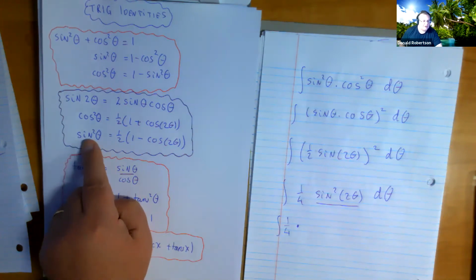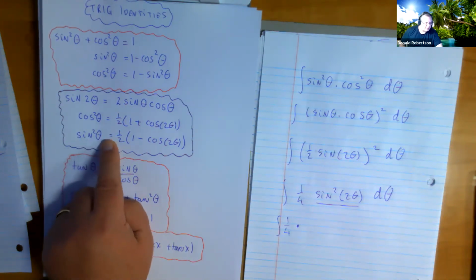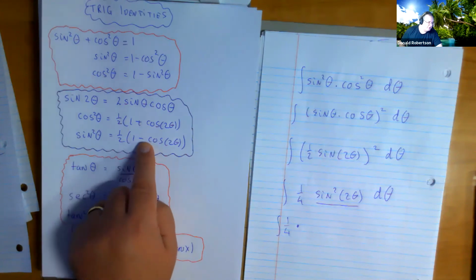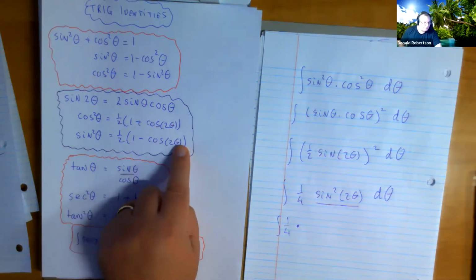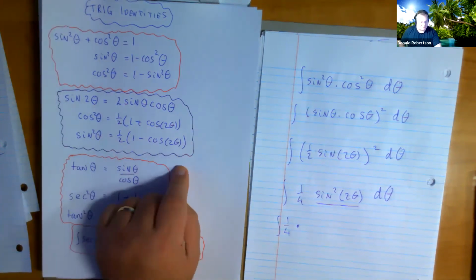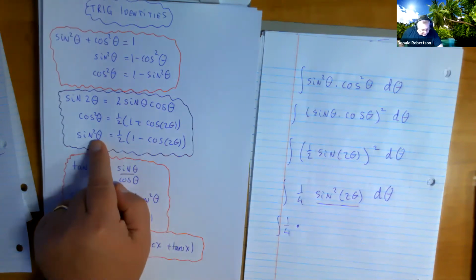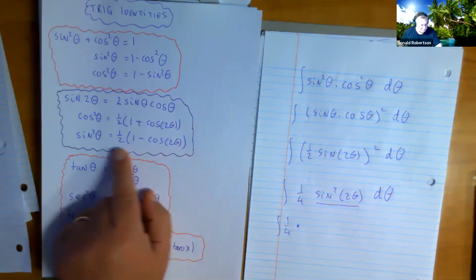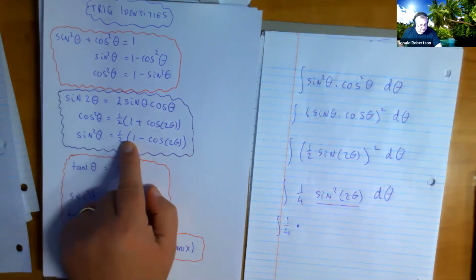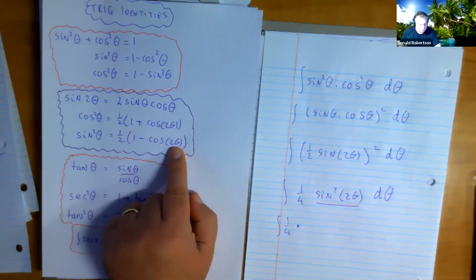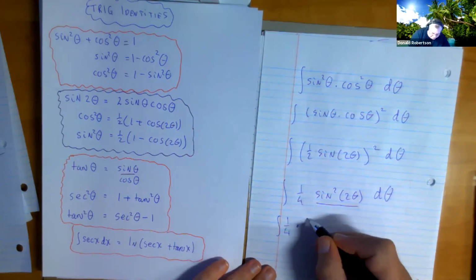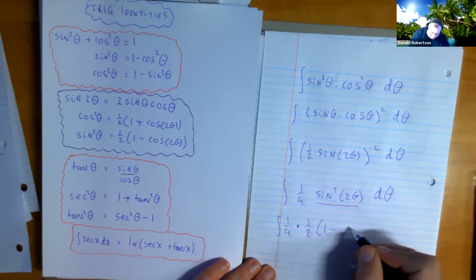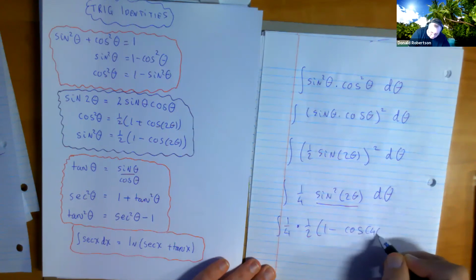So sine squared, whatever you put here, is going to be a half, 1 takeaway cosine of twice whatever you put here. And if I put 2 theta here, wouldn't that end up being 4 theta? You see that? Sine squared 2 theta, 2 lots of 2, 4 theta. So 1/4 of a half, 1 takeaway the cosine of 4 theta.